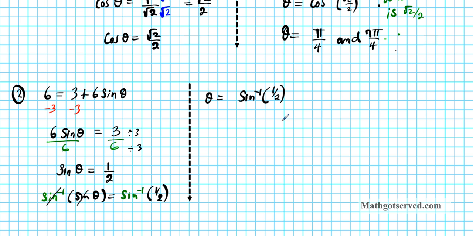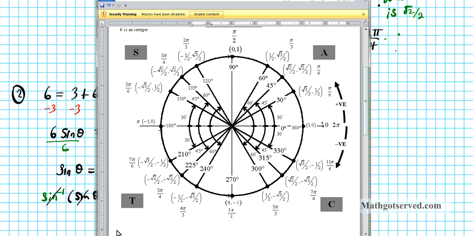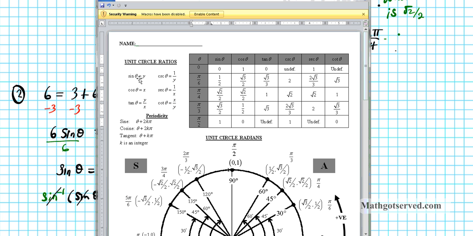Now how can we solve this using our unit circle? So this expression basically asks us the following. Now what coordinate are we looking at here? Looking at your unit circle ratios, our unit circle ratios tell us that sine is the y coordinate.